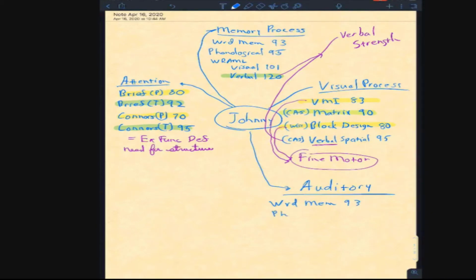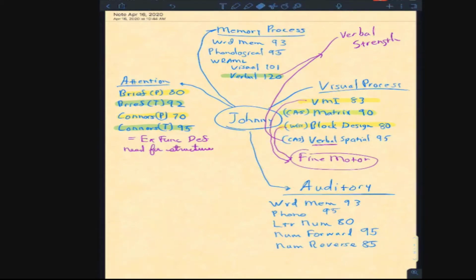Phonological processing came in at 95. Letter number from the WISC came in at 80. Number forward comes in at 95, and number reverse comes in at 85.